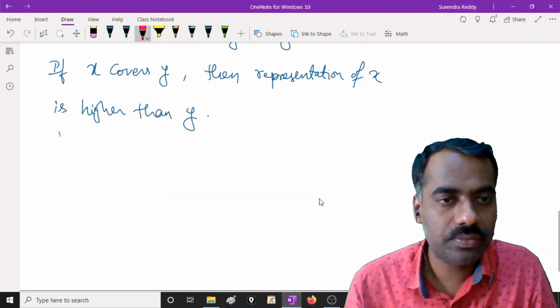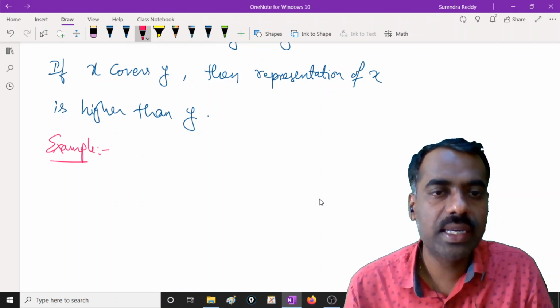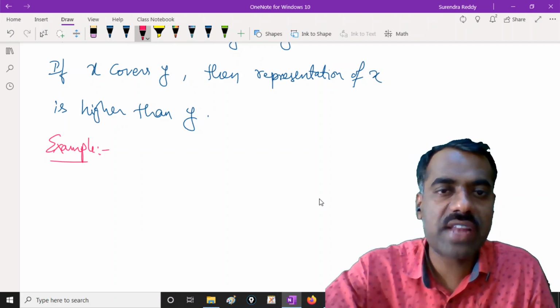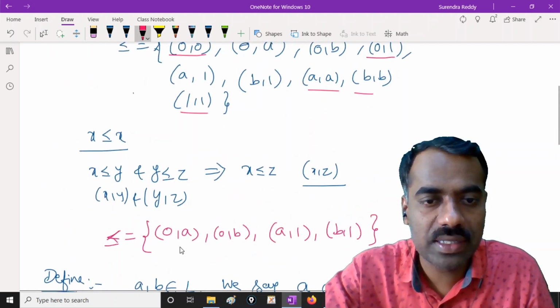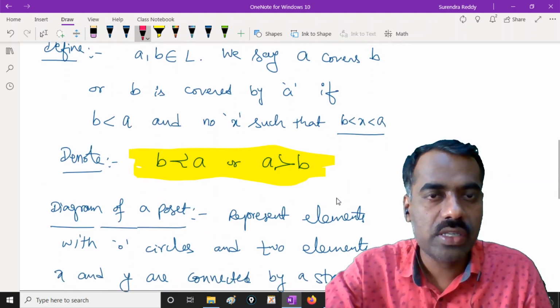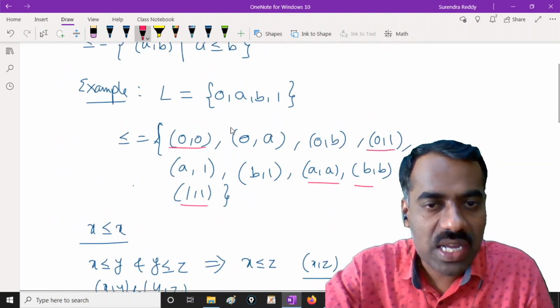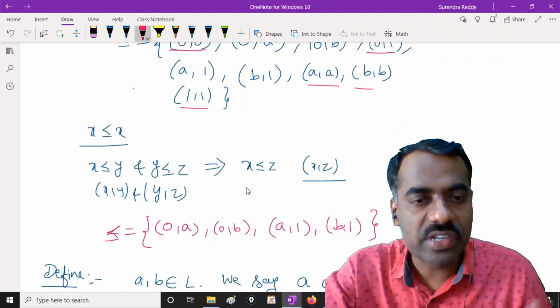So let's have an example, the same example we discussed earlier, with 0, a, b, and 1. So what is the meaning of this? Among all these elements, what are all the covers we have to write?